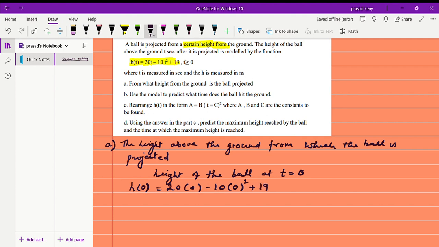That comes out to be 19. That means the ball is projected from a height of 19 meters above the ground.